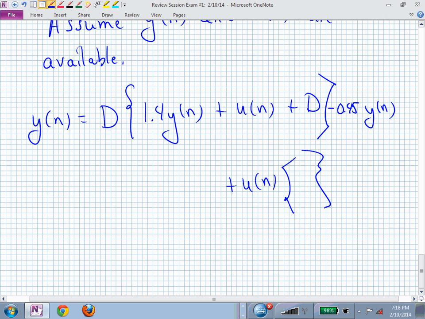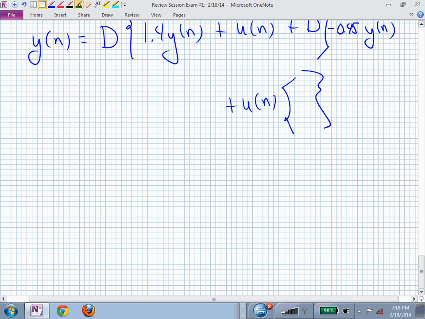Is that okay? And now, in my all delay block diagram, how many delays do I need? They're right here. I need 2 Ds, 2 delays. And y of n is going to be the output of one of those delay blocks. So let me now put right here a delay block, and this is y of n.